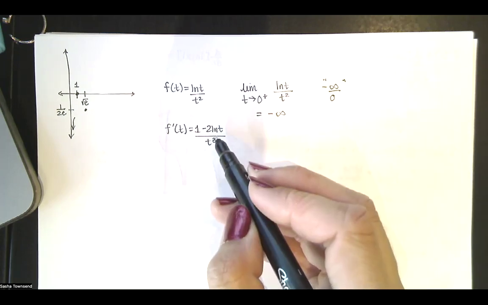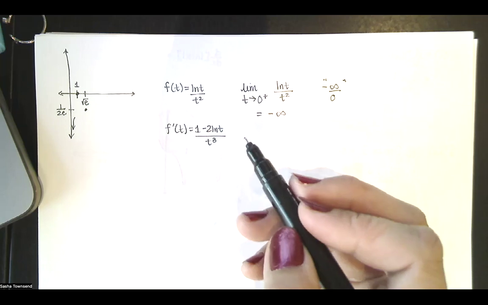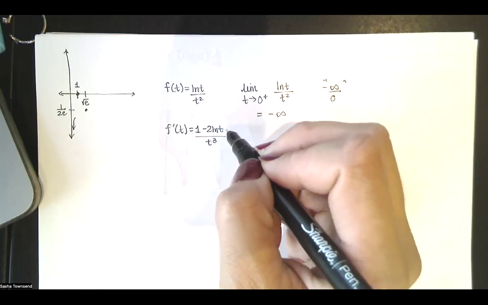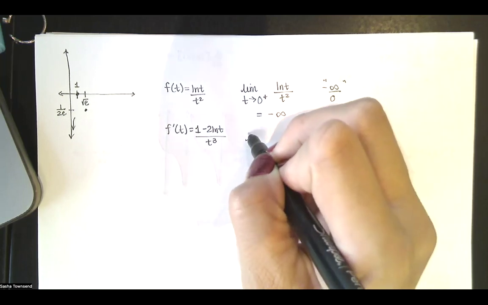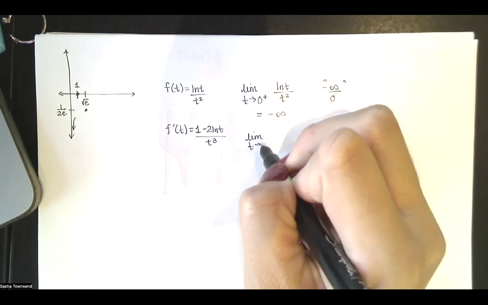And then this function is actually equal to 0 at square root of e. We might be interested in this as t goes to 0 from the right.